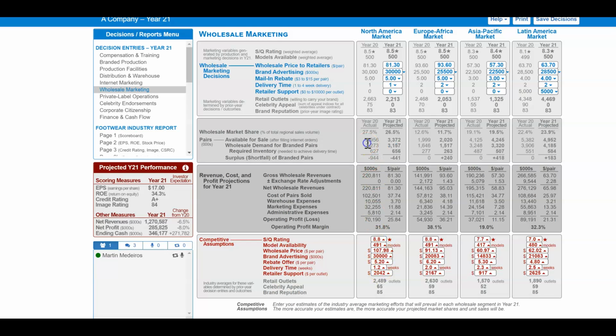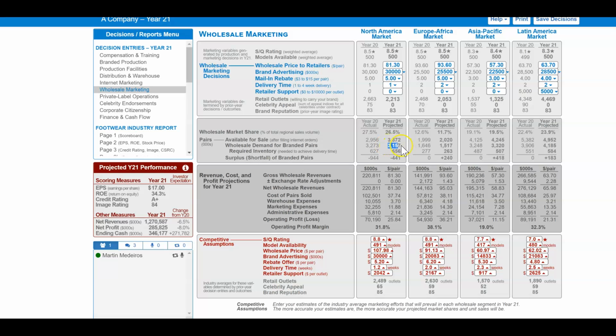So before a team sets their price, advertising, and mail-in rebates, they've got to make a guess, a forecast, as to what they think the average price will be in North America, what the average SQ will be in North America. This is what they're forecasting based upon how many teams are in the class. Once they forecast the market averages, they position themselves relative to that average, and then the simulation will predict a level of demand.